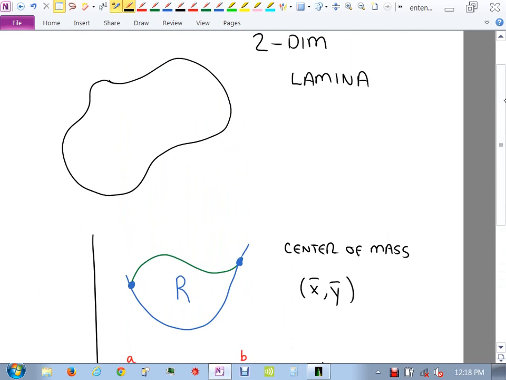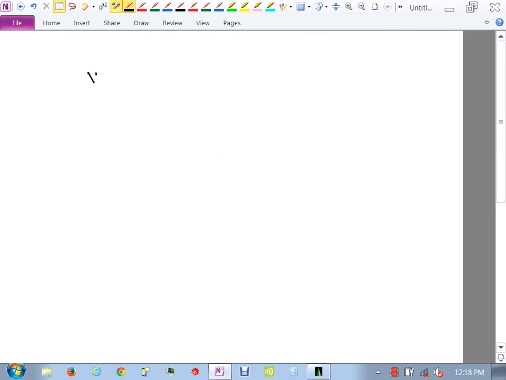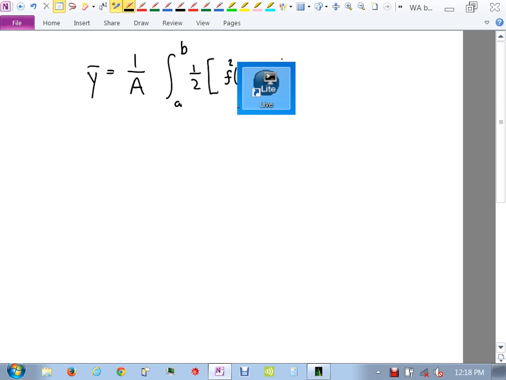Y bar is equal to 1 over A again, integral from a to b, 1/2, and then it's the function f squared minus g squared. So it's f of x squared minus g of x squared dx.